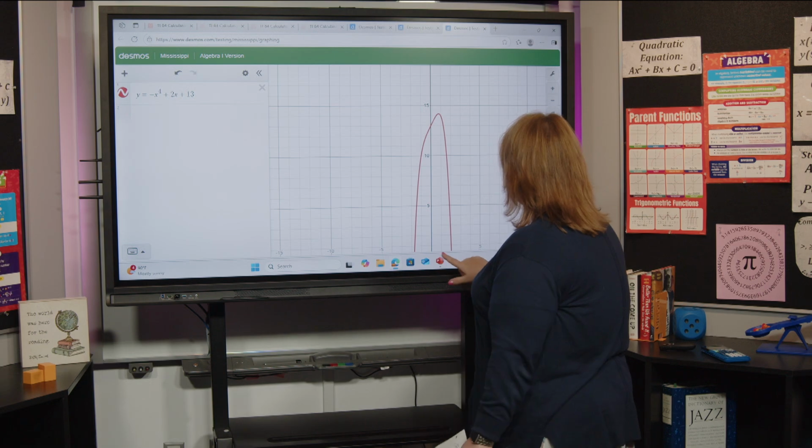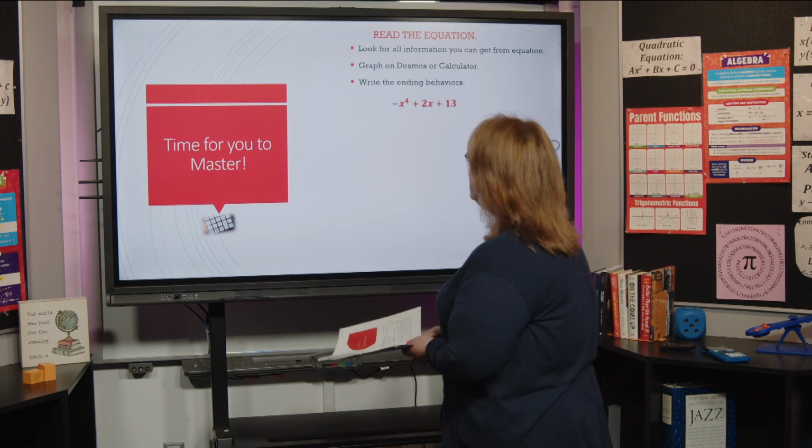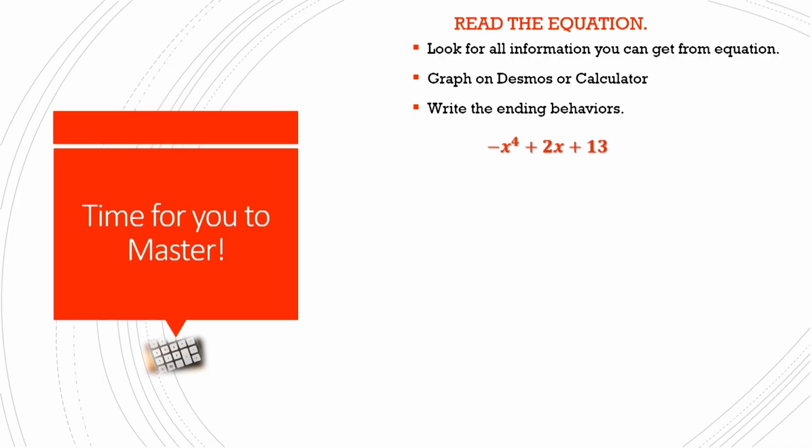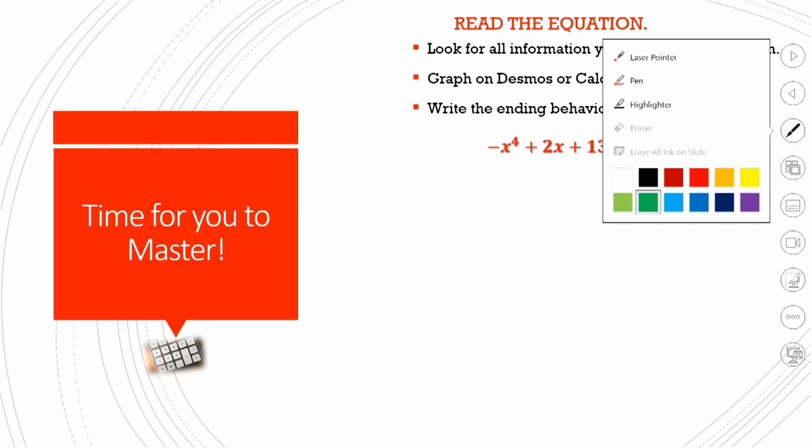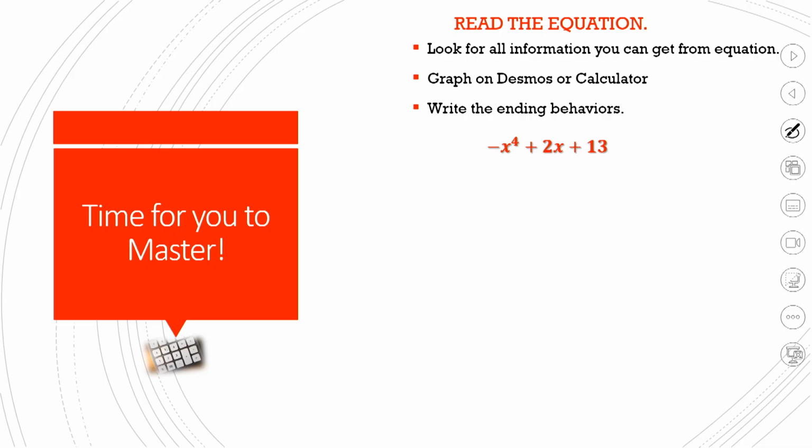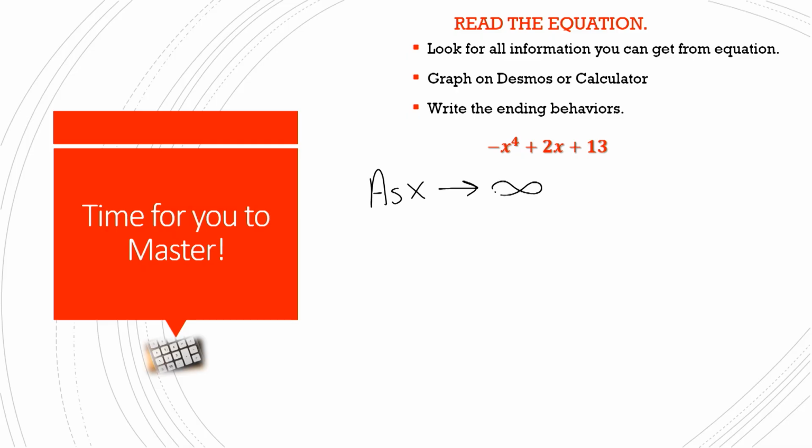So let's go back and see what they want us to do. Now I graphed it, I looked at my equation, now I'm going to write my ending behavior. So let's go ahead and do this. Let me grab a color, all right, so here we go. So as x approaches positive infinity, okay, so here's where it was. Don't worry about the bumps. We're just looking at the ending behaviors.